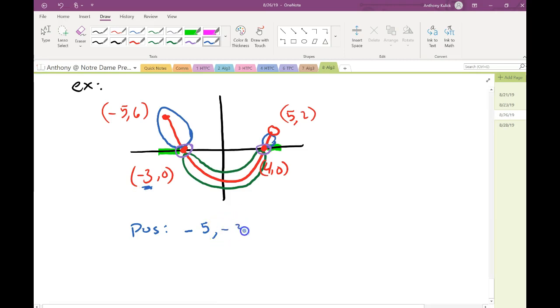Everybody agree with that? But if we're talking about this piece here, that piece starts at (-5, 6) and ends at (-3, 0). So it begins at the x-coordinate of -5, and it ends at the x-coordinate of -3. Is that okay?